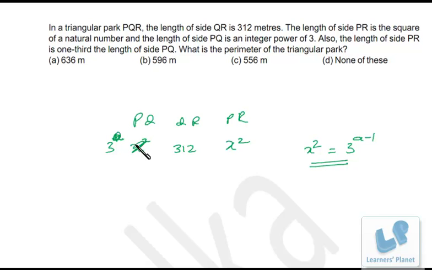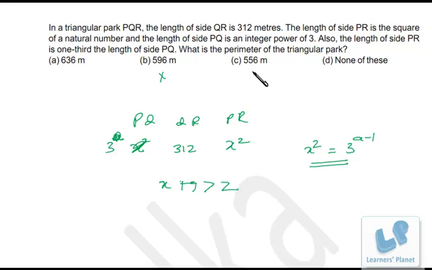Now friends, from here, instead of going into much calculation, we can go by options. See, the length of one side is 312 meters, and we know the triangle inequality: the sum of two sides, suppose x plus y, should always be greater than the third side. So the sum of the other two sides should be more than 312.